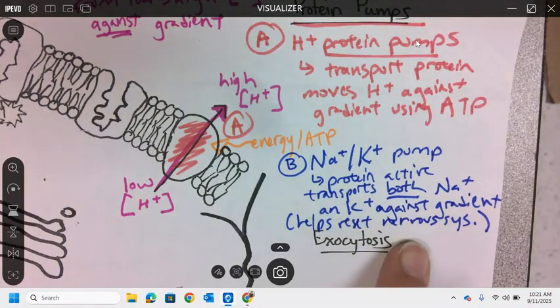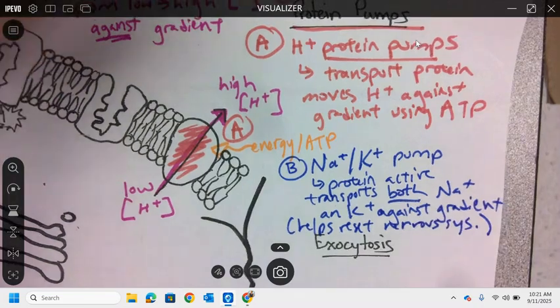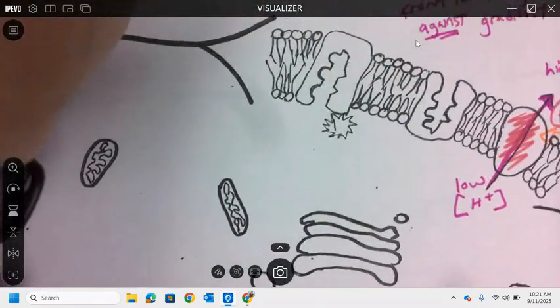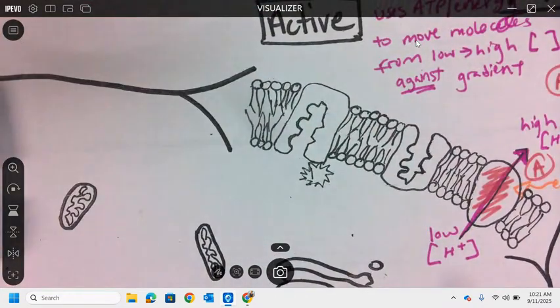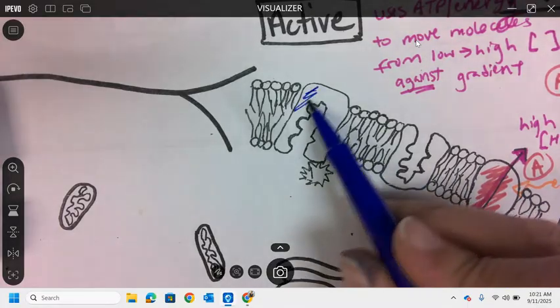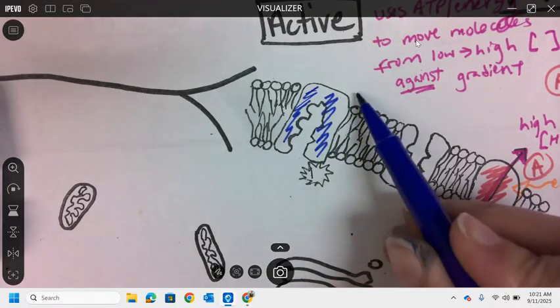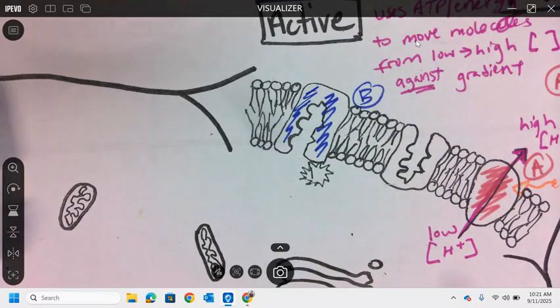So we're going to actually draw this picture over here. So this is the sodium-potassium pump protein right here. And we'll label it B so you can match it up later. In this example, we're moving both sodium and potassium. So I'm going to make sodium orange.